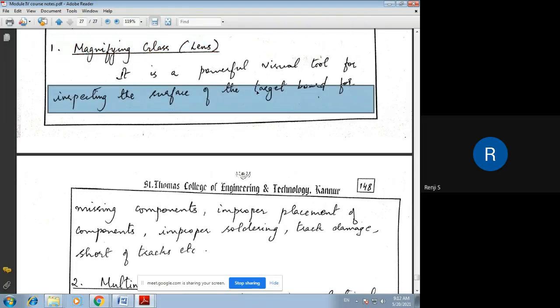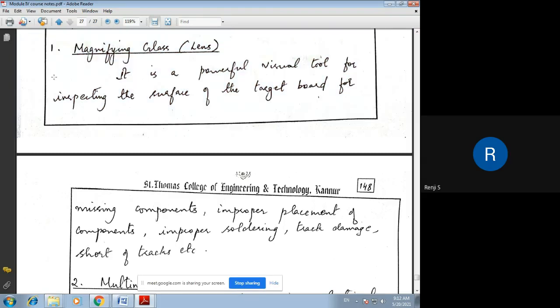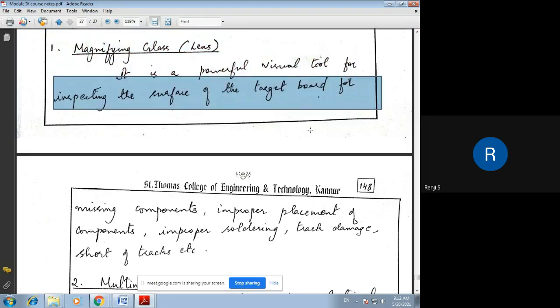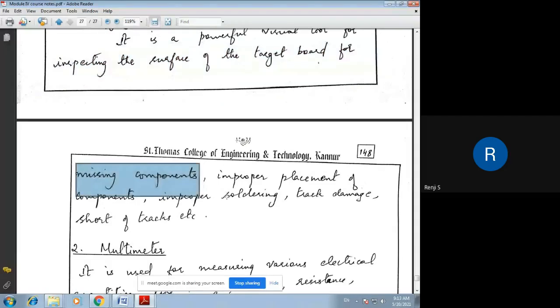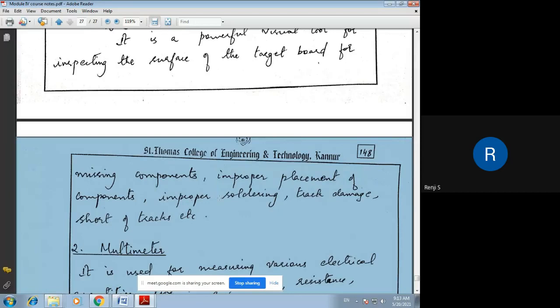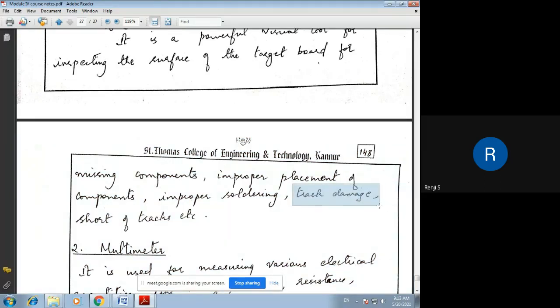On the target board we have different components integrated together, and there are very minute components which you cannot see easily with your eyes. So we can use a magnifying glass to find out whether all components are soldered properly, and you can find missing components, improper placement of components, improper soldering, track damage, or short circuits of the tracks.